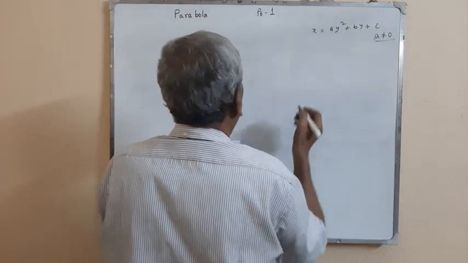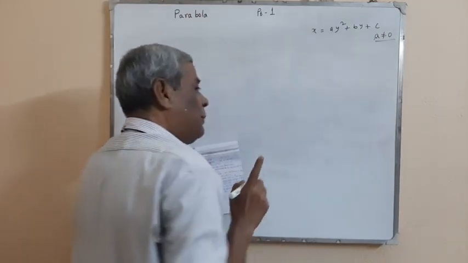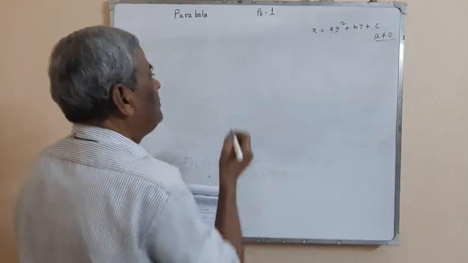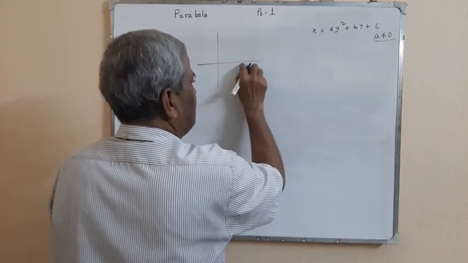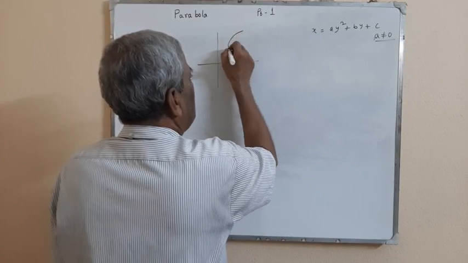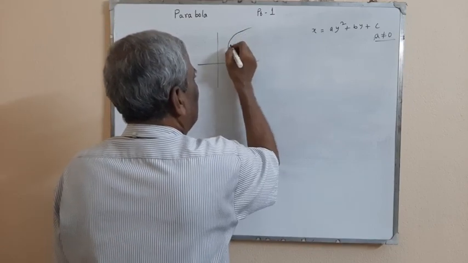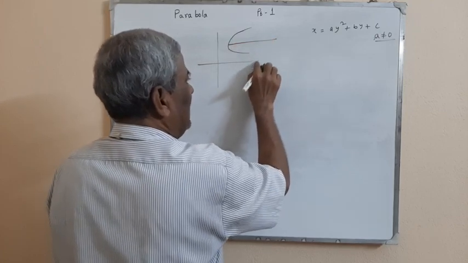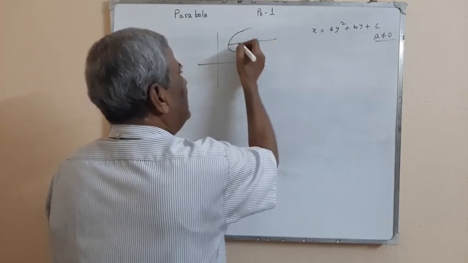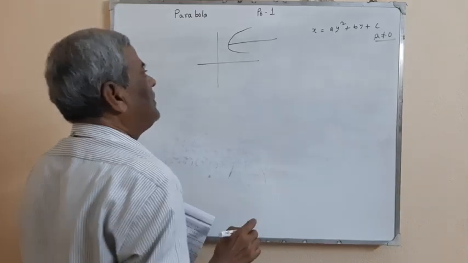Otherwise, it will be a straight line. And one more, the equation of a parabola whose axis is parallel to the x-axis is of that type.